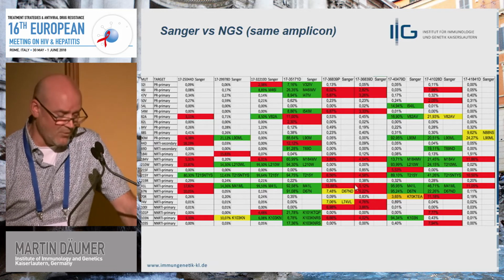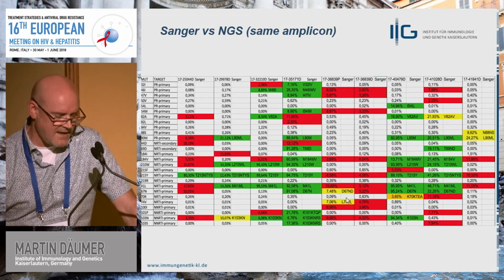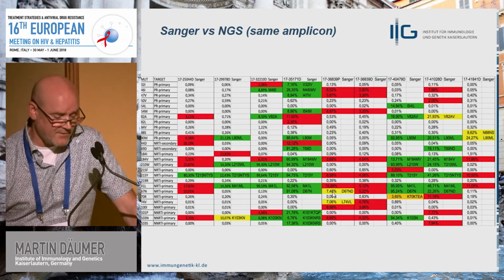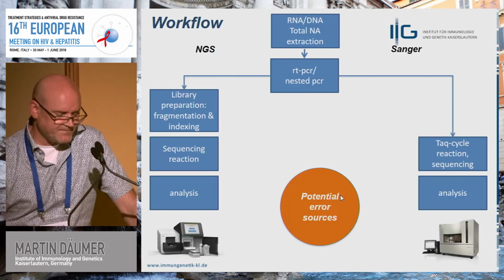Indeed, there are a few others, like here the D67N mutation and the L74V mutation, which were also detected with the Sanger sequencing approach, although they have less than 10% frequency in this approach.